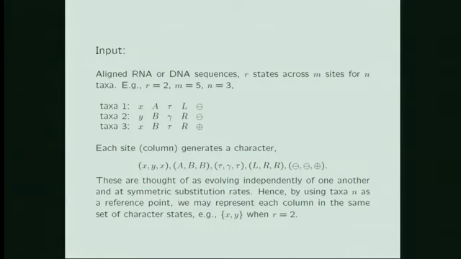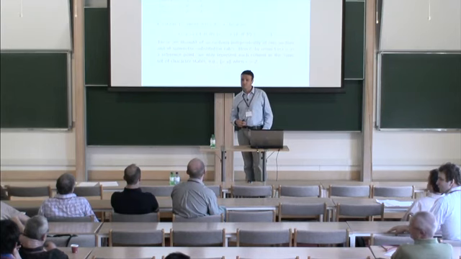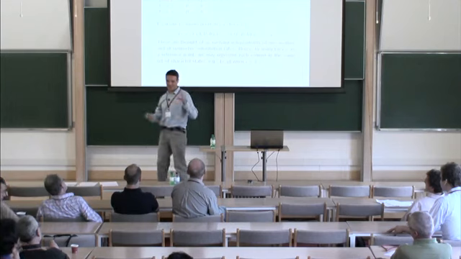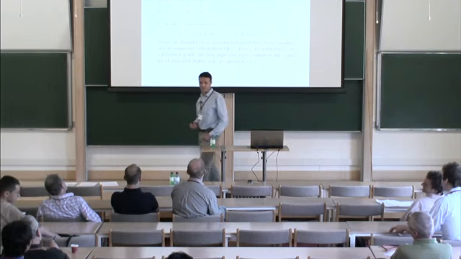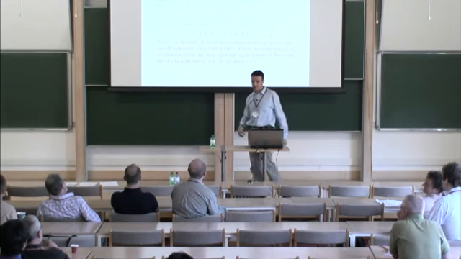So a pattern of assignments of these characters to the leaves, our extant species. Sorry, extant means existing, so you don't look at extinct taxa. No, the extinct taxa are what we are interested in. We know all about the extant species, but we'd like to infer about the extinct ones.